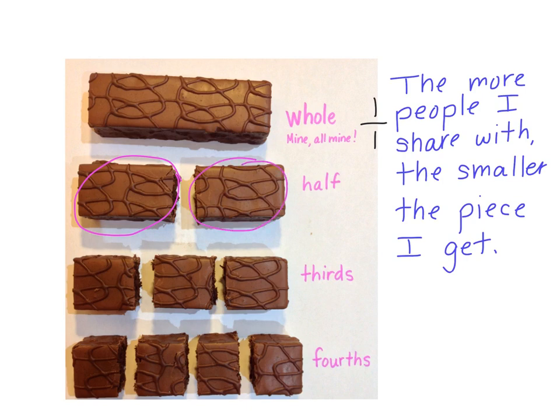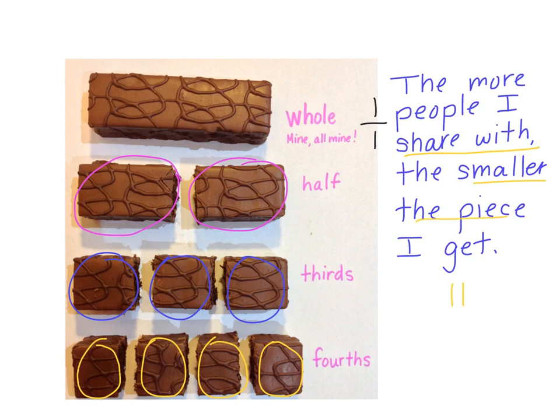If I'm having to share with 3 people, I get 1/3, the other person gets 1/3, and then the final person gets 1/3. If I'm sharing with 4 people, we cut it into 4 pieces, so I get 1/4, another person gets 1/4, another person gets 1/4, and the other person gets 1/4. So the more people I share with, the smaller the piece I get.